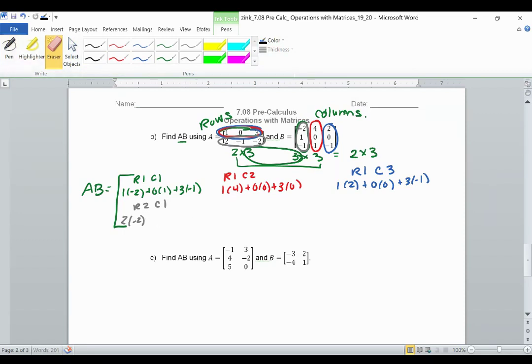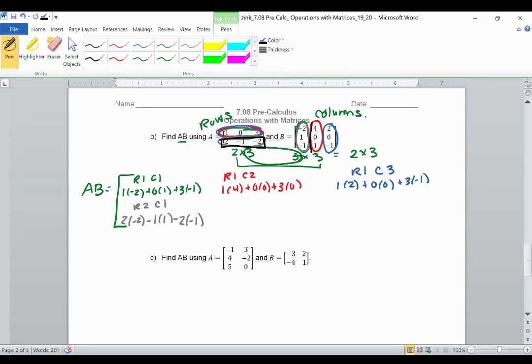I think I changed which column I was looking at. So we had 2 times negative 2 minus 1 times 1 minus 2 times negative 1. That's better.